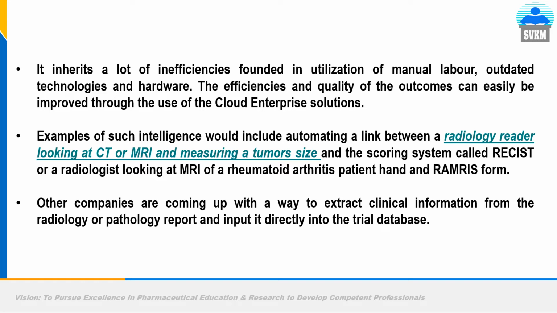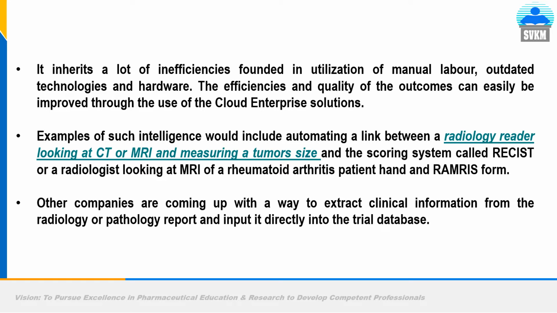Examples of such intelligence would include automating a link between a radiology reader looking at CT or MRI and measuring a tumor size, and the scoring system called RECIST, or a radiologist looking at an MRI of a rheumatoid arthritis patient's hand and the RA-MRI form. Other companies are coming up with a way to extract clinical information from the radiology or pathology report and input it directly into the trial databases.